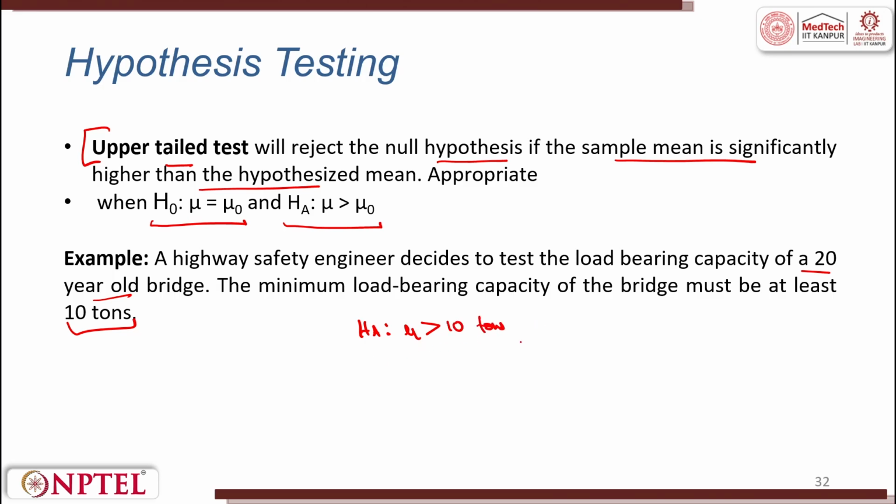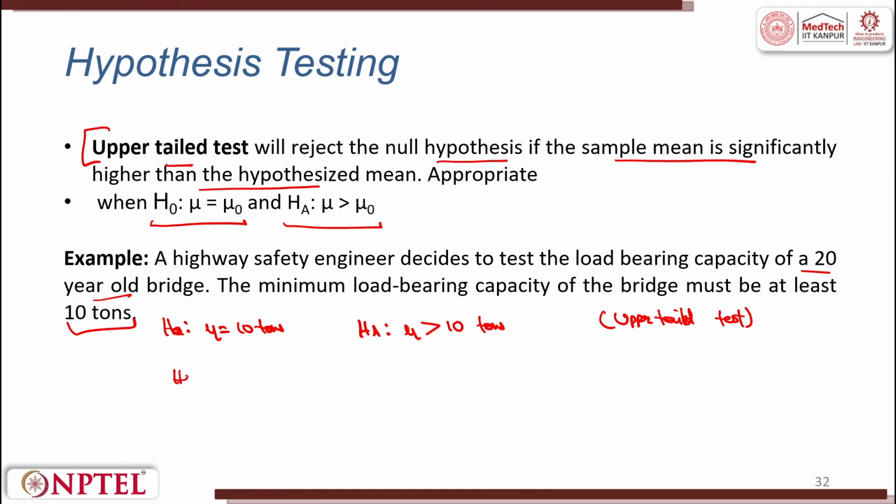So, this means this uses upper tail test. Null hypothesis is then designed, null hypothesis is mu I could say is equal to 10 tons, or I could have even put mu is less than equal to 10 tons, any of those. But alternative hypothesis is mu is greater than 10 tons.